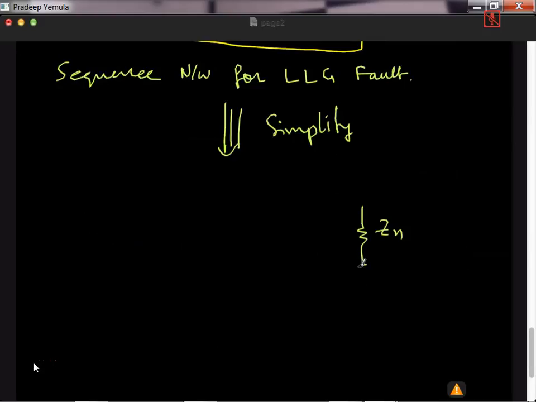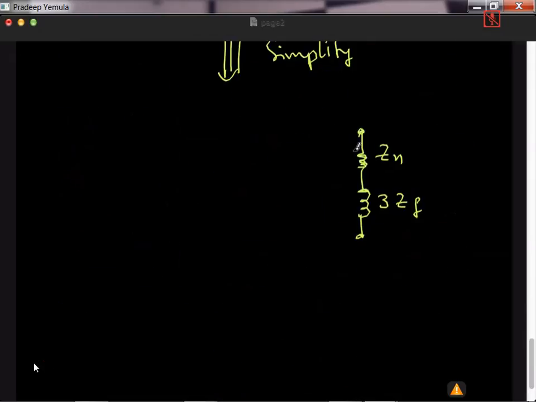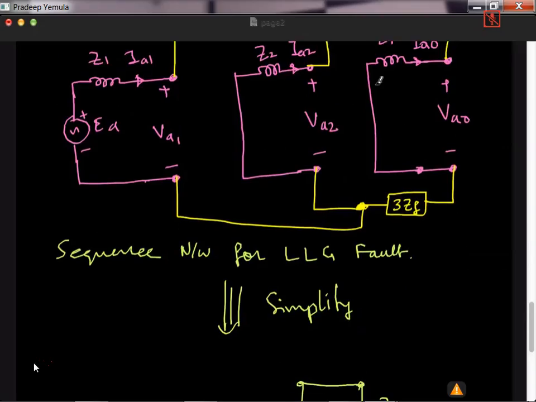Zn and 3Zf are also impedances. These two are in series in the right side branch. In this branch only Z2 is there. So only Z2. So these two are in parallel. You notice these two are in parallel in this diagram.